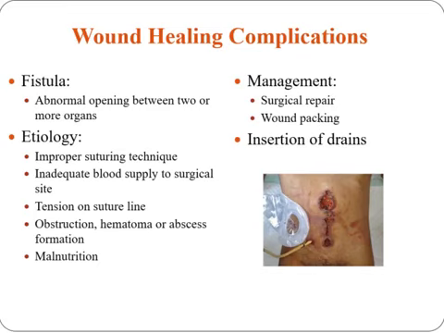Maybe there's some tension on the suture line, or there's something in the way, like obstruction, hematoma, malnutrition. So they have to either surgically repair this, they'll do wound packing, or they may insert a drain in order to drain that excess fluid that may be creating that fissure.